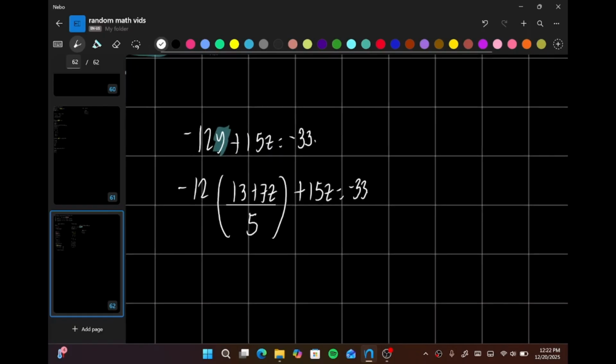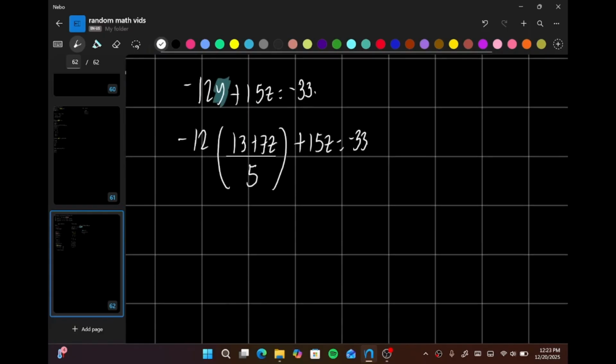Now, what we're going to do here, so negative 12 times 13 is negative 156. So it's going to go negative 156. We're going to distribute negative 156 and then minus 84z plus 15z, and this is actually over 5, equals negative 33.